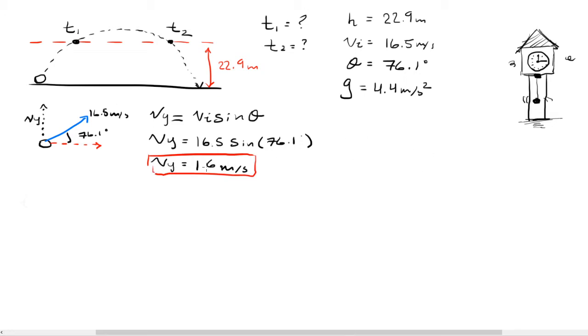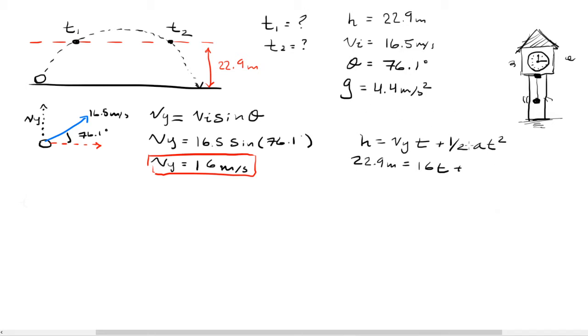We're going to take this velocity in the y that we just calculated and use the formula h equals v in the y times t plus 1/2 a t squared to find both times. Once again, we plug in what we know. The height is 22.9 meters. The velocity in the y is 16 times t plus 1/2 of the acceleration.